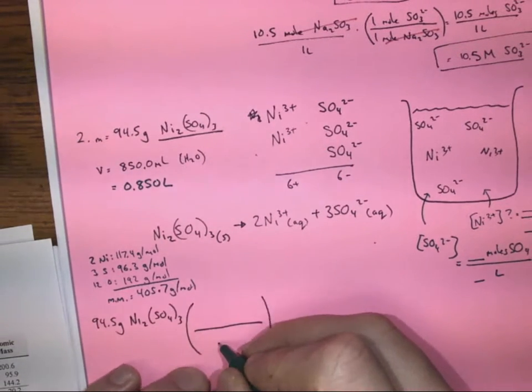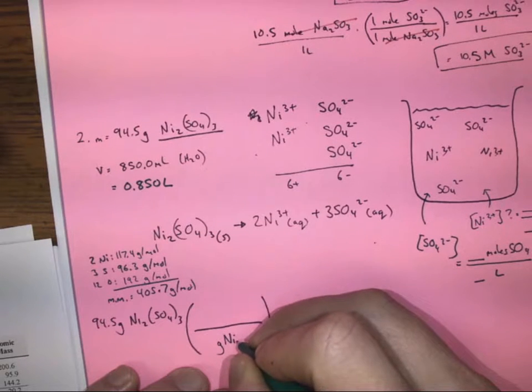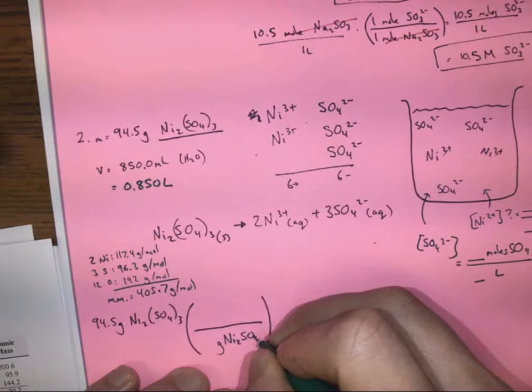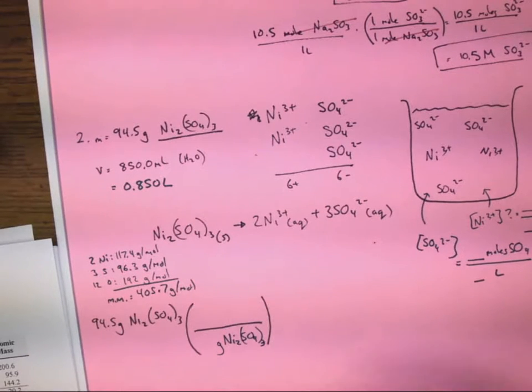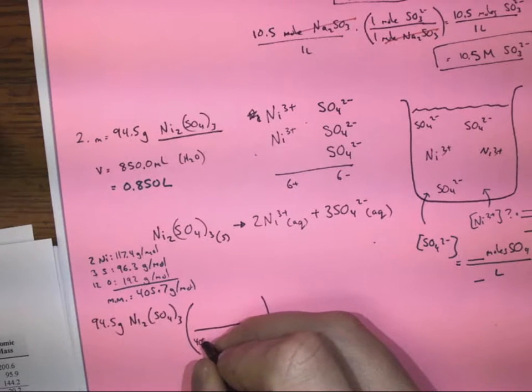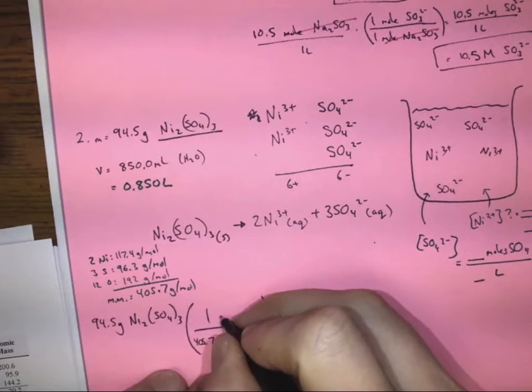So I want my grams of nickel 3 sulfate, Ni2(SO4)3, that's a mouthful, to cancel out diagonally. So I'm going to put the mass down on the bottom, 405.7 grams of nickel 3 sulfate, and that's for every 1 mole.